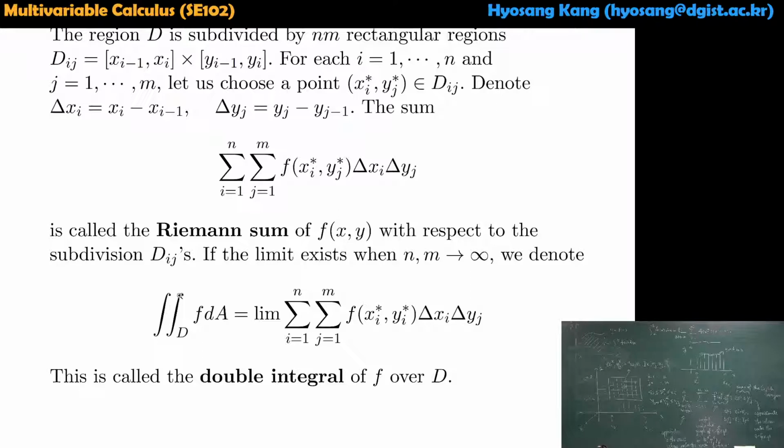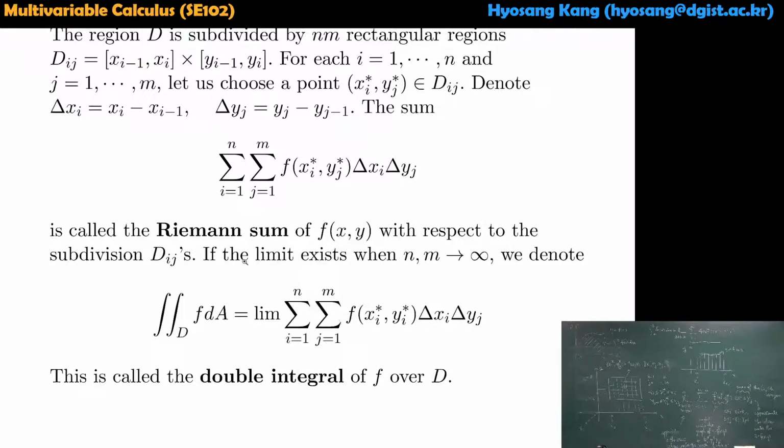We have a double integral, a D representing the domain, and an integrand f, and this dA is just a symbol. When you have an integral in the single variable case, you have dx or dy or something like that. Similar to that, we have a dA representing that this is the double integral, not the same as the single variable function integral.